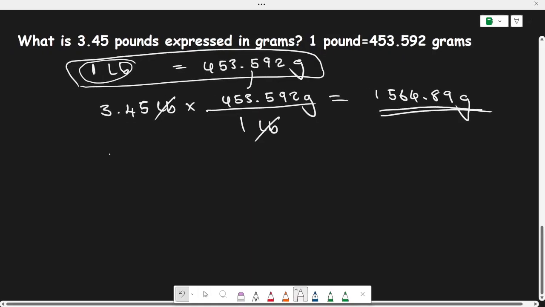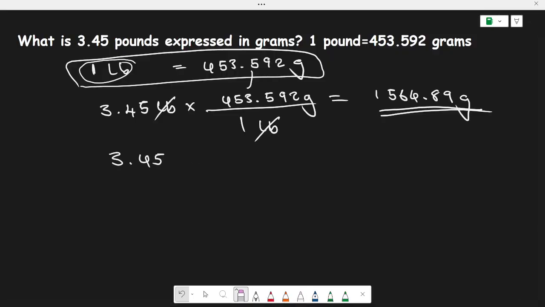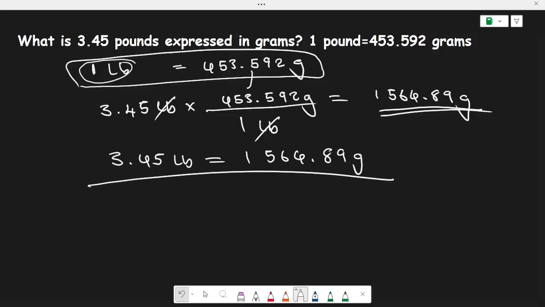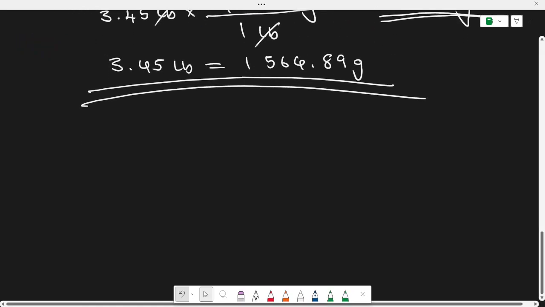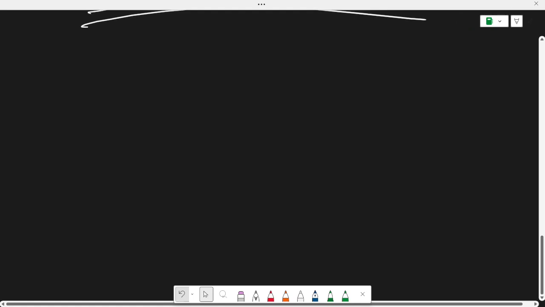So what we're saying is 3.45 pounds is equal to 1564.89 grams. This is fairly simple to do. And let's try another quick one that I didn't write. I just thought of this.